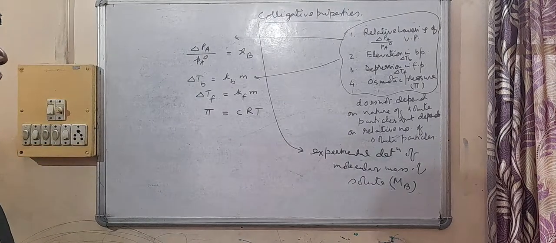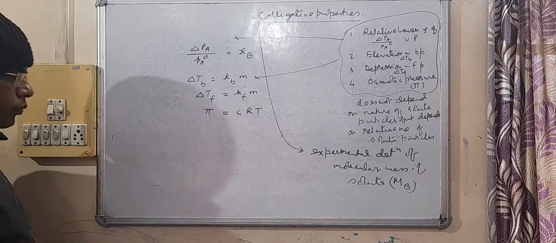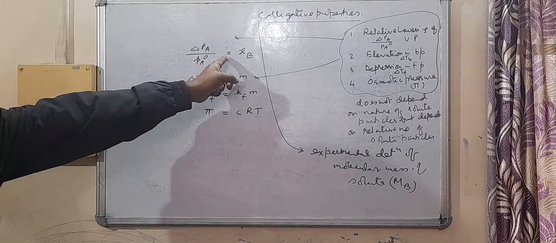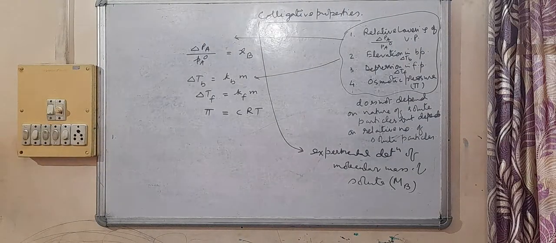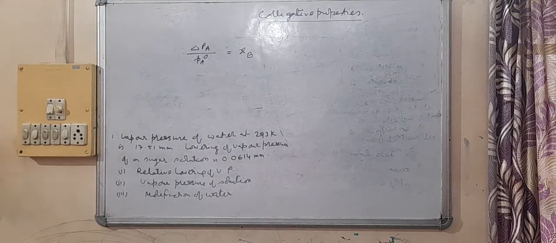Okay, so first of all, let us do one question here on relative lowering of vapor pressure. Here is the question. Vapor pressure of water at 293 Kelvin is 17.51 millimeter. Lowering of vapor pressure of sugar solution is 0.0614 millimeter.